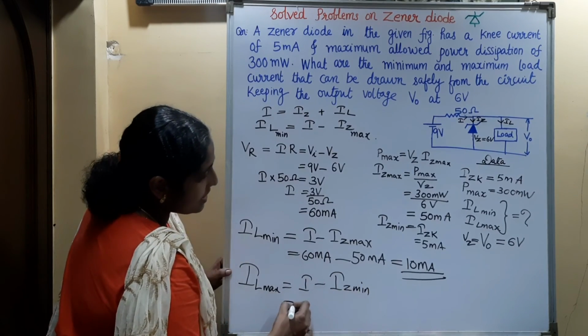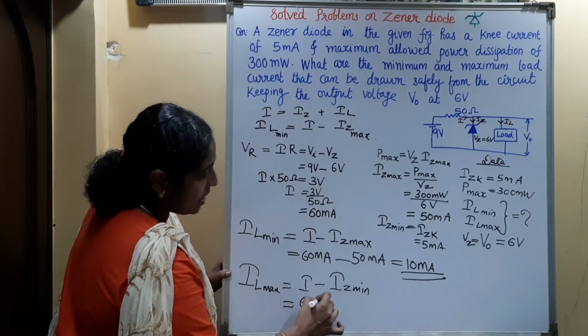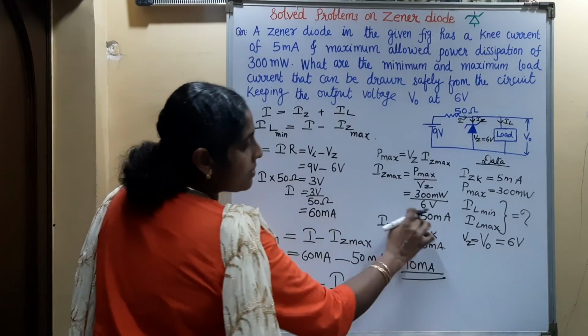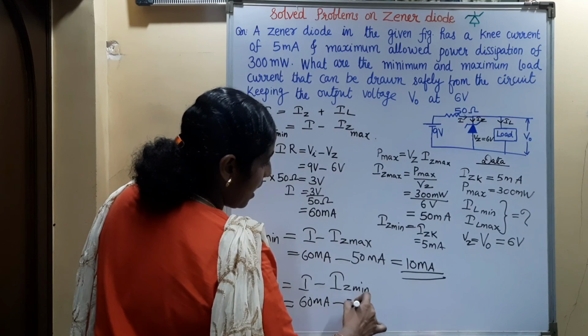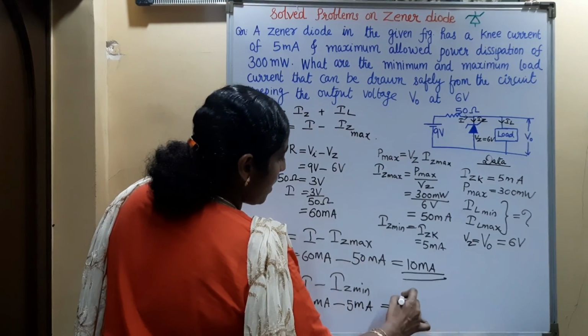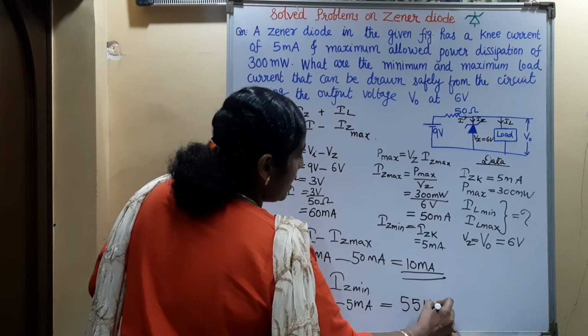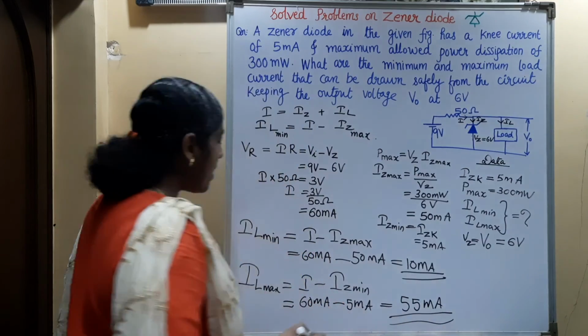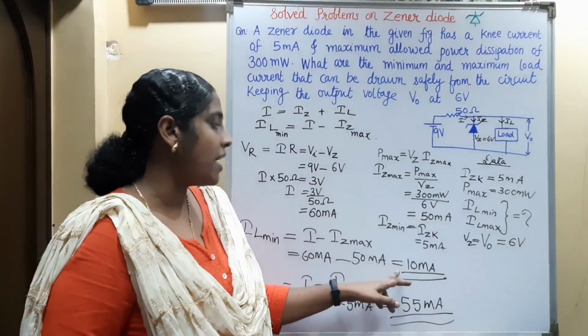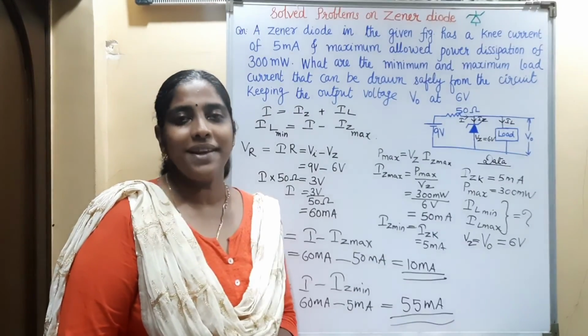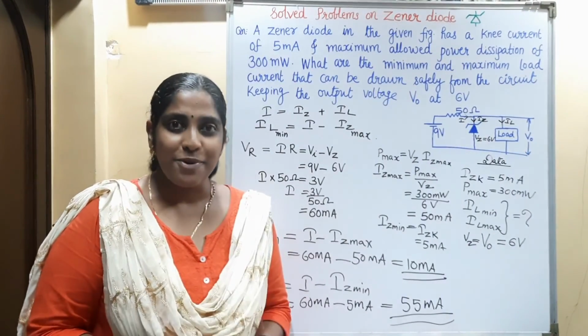There I is 60 milliampere minus IZ minimum, the same as the Zener knee current, 5 milliampere. So 60 minus 5 is 55 milliampere. So the minimum and maximum load current that can be safely drawn from this given circuit are 10 milliampere and 55 milliampere respectively. So you try more questions. All the best.